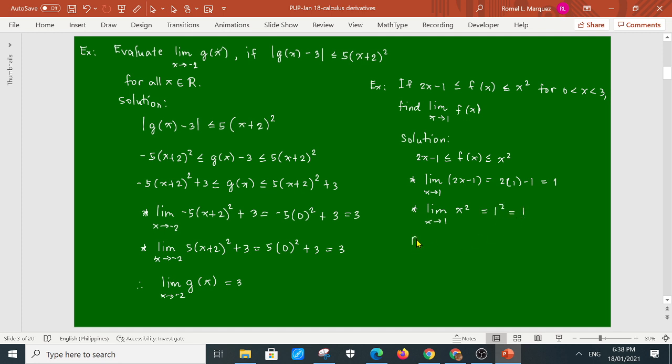So again, by the Squeeze Theorem, we say that the limit of f of x as x approaches 1 is equal to 1. Okay, guys? That's it.